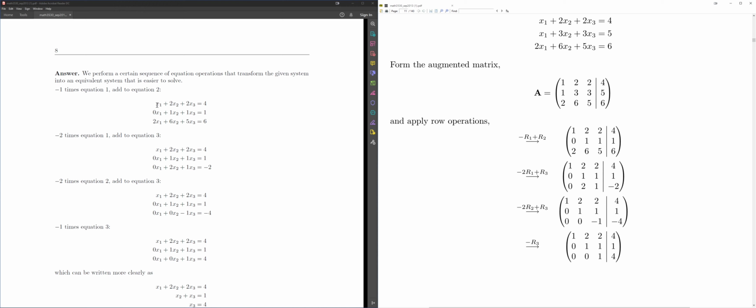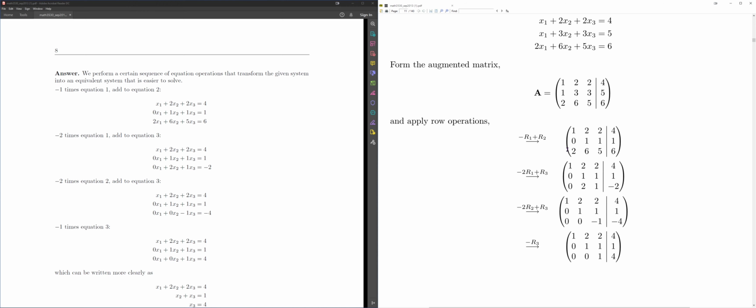What I said previously also was that you don't really need to write down the x1s, the x2s, and the x3s. What you could do is just keep track of these values over here. So if I want to go from here to here, all I need to do is modify the values.